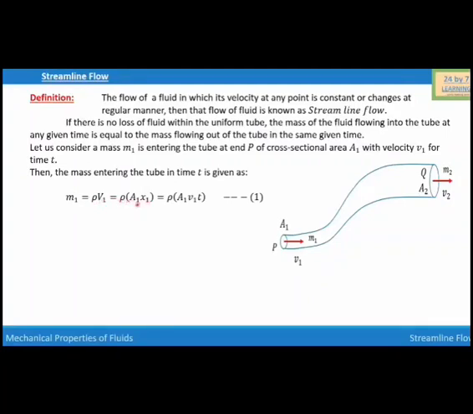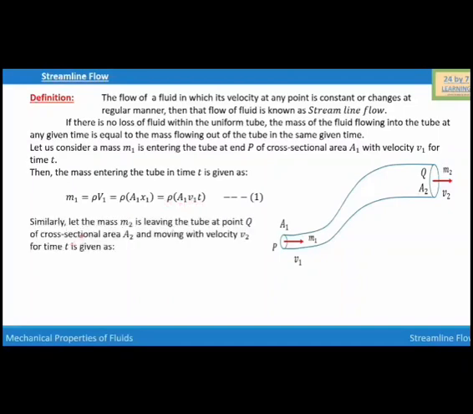So rho V1 is equal to rho A1 x1, where x1 is the distance travelled by the fluid in time T, which is equal to rho A1 V1 T. This is equation 1.